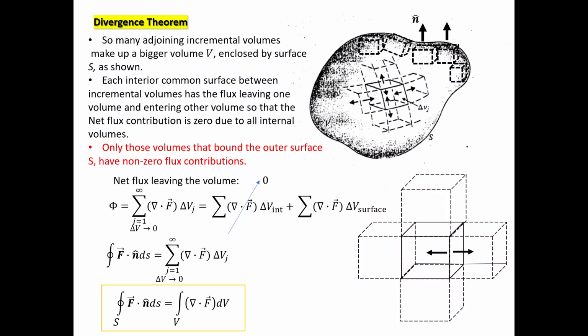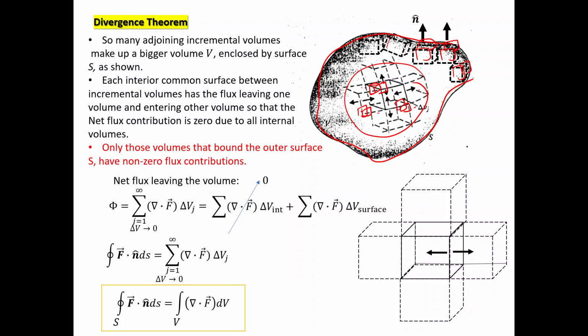Now there are two types of volume here. One, inside there are so many points, and corresponding to that there will be so many small volumes. And then there are those volumes that are present at the boundary. These volumes share the boundary.